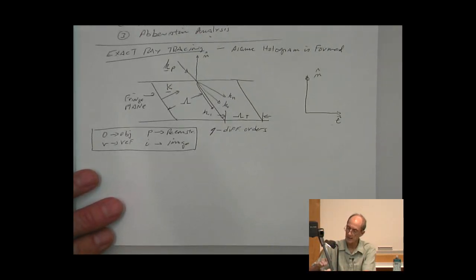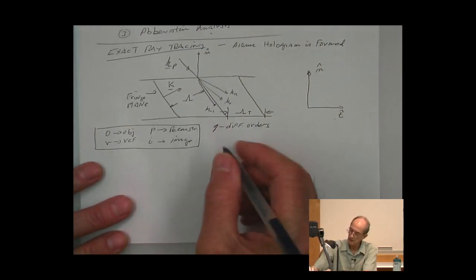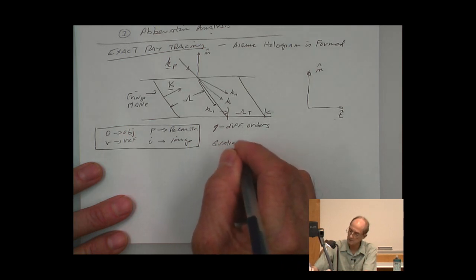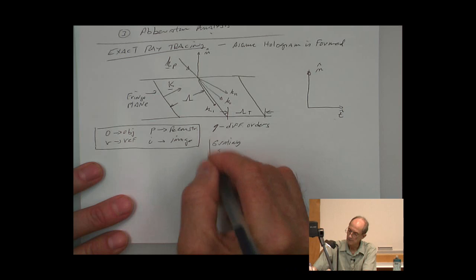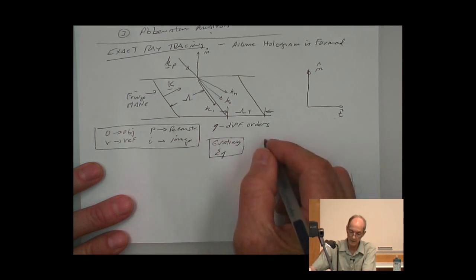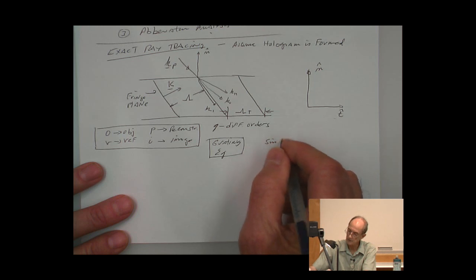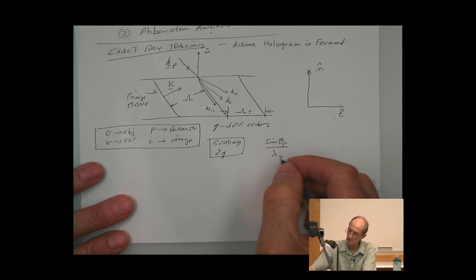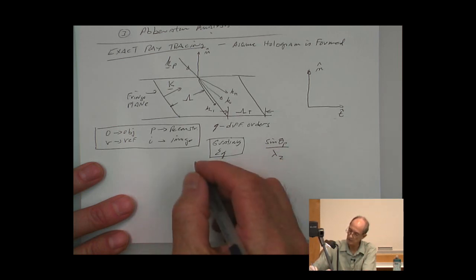All right, so we can go back and use something that we derived earlier, and that is the grating equation. So we're going to have the sine of theta p for the reconstruction beam, and again, lambda 2 is the reconstruction wavelength.